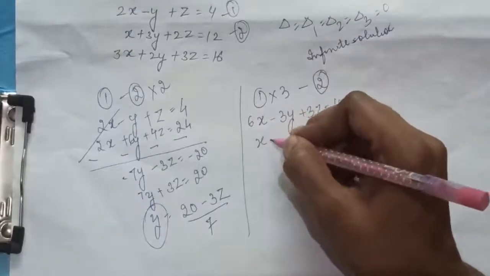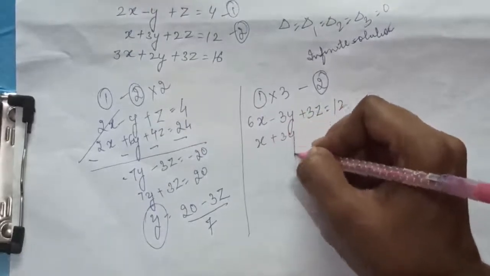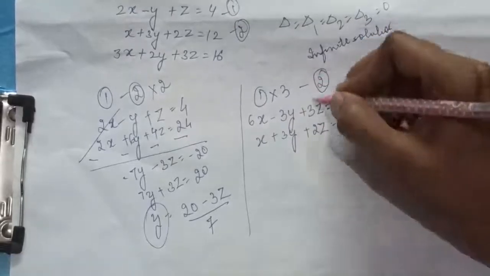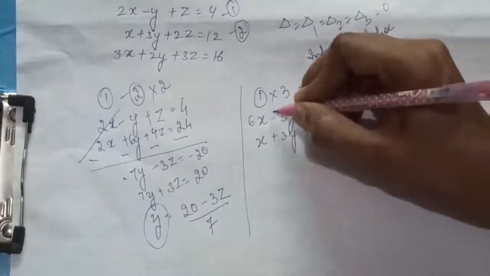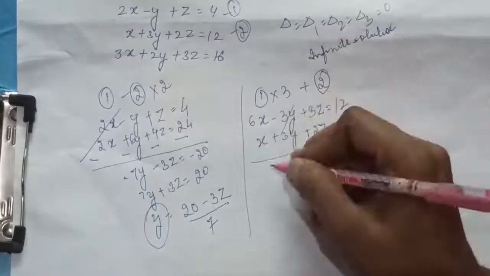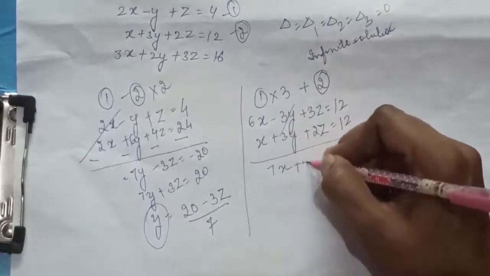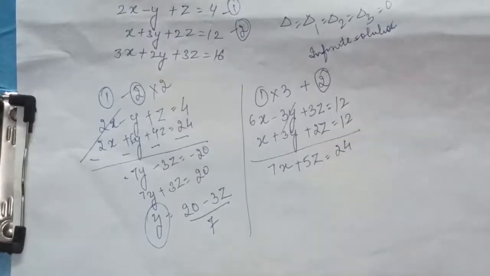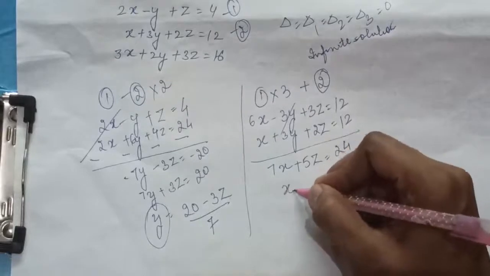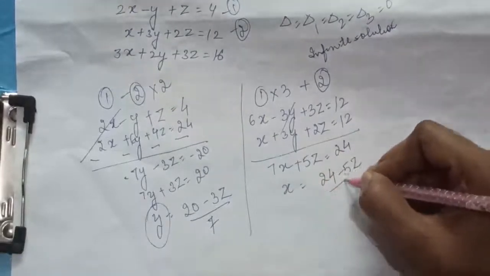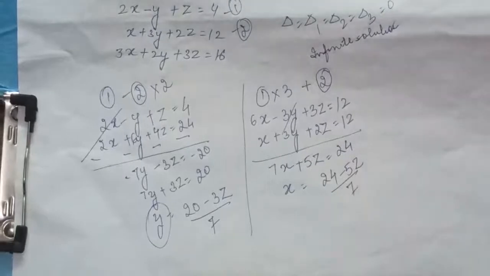The second equation is the same, x plus 3y plus 2z is equal to 12. So I am not subtracting, I am adding, because the signs are already opposite. So y will be deleted. 7x plus 5z is equal to 24. So from here, if I want to calculate, x will be 24 minus 5z divided by 7.